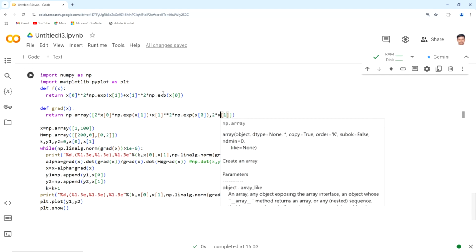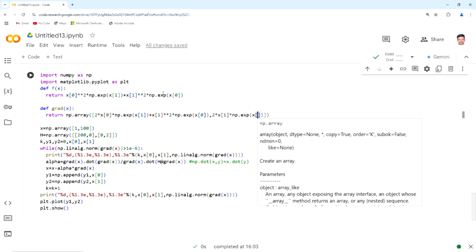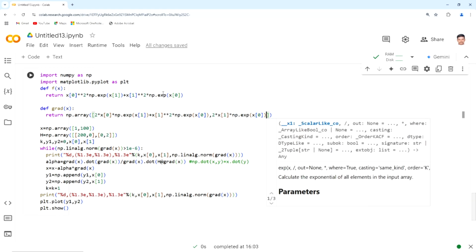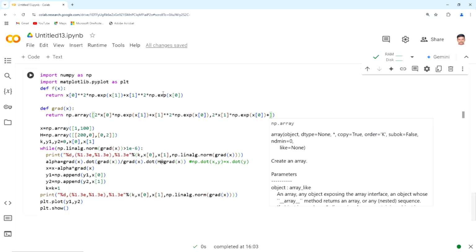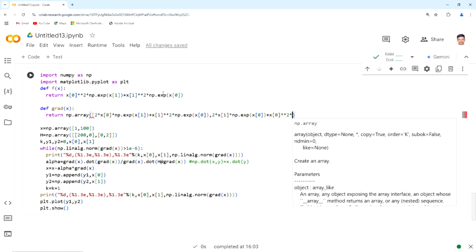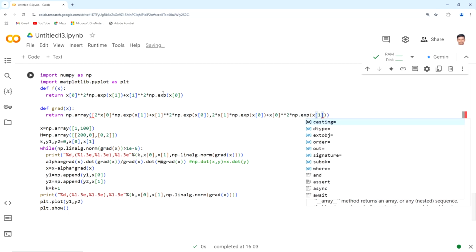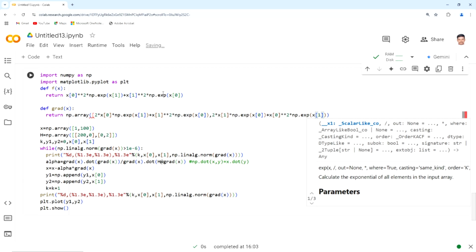Then, 2 into x1 into e power x naught, plus x naught squared into e power x1.